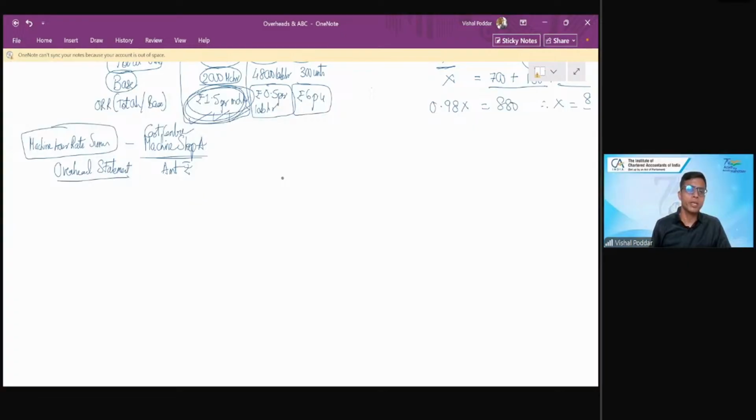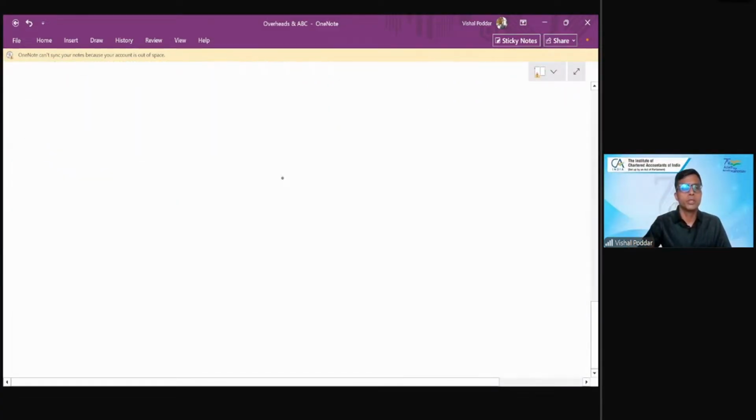You have to be very clear while reading the question whether the data you are going to consider is of one machine or of 10 machines. Generally, it is of one machine. They may give you certain data which may be of 10 machines, but in order that our calculation is perfect, all figures have to be at the same level. Either all figures have to be for 10 machines or all figures for one machine. So generally while solving, we take the values of one machine.